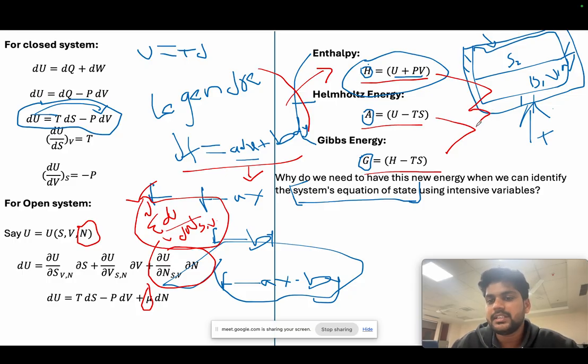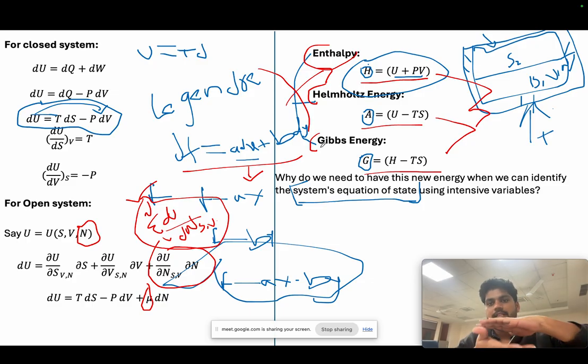So why do we need to take these? When we have subsystems where the temperature and pressure are not constant over the whole system, we need to change this. That's why we are adding more extensive variables. This is an extensive variable, this is also an extensive variable. As in our first class, extensive variables are the ones that change if I change the system size.